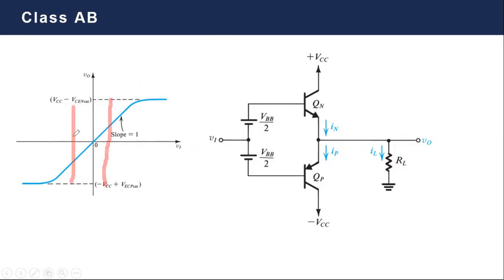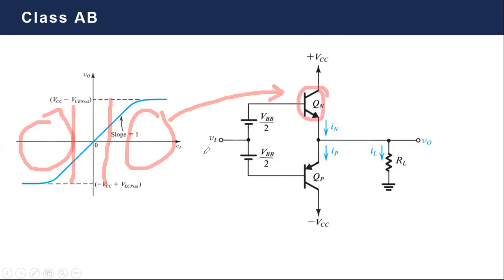The regions of operation on the extreme right and on the extreme left are typically the same as in class B. So in the extreme right case, you are working mainly due to Q1. And in the extreme left case, you are working mainly due to Q2.